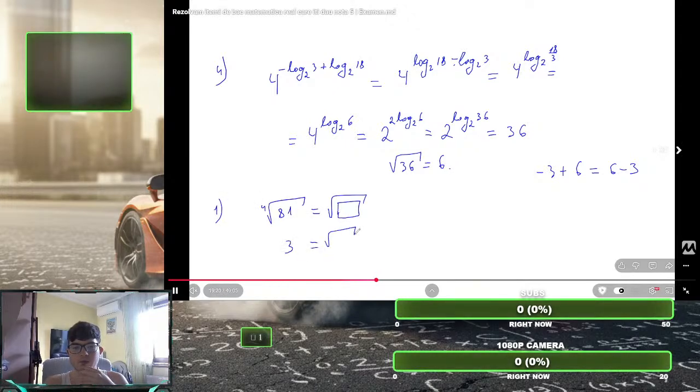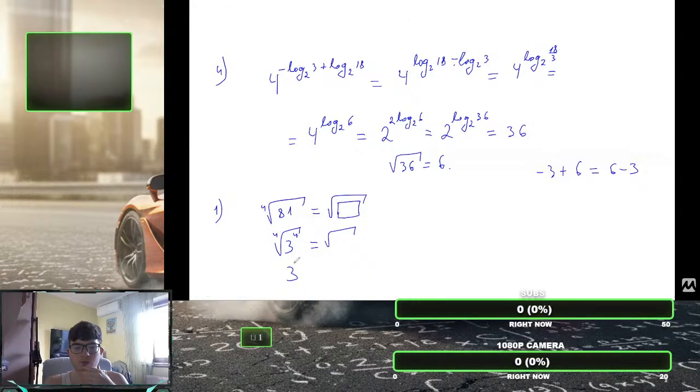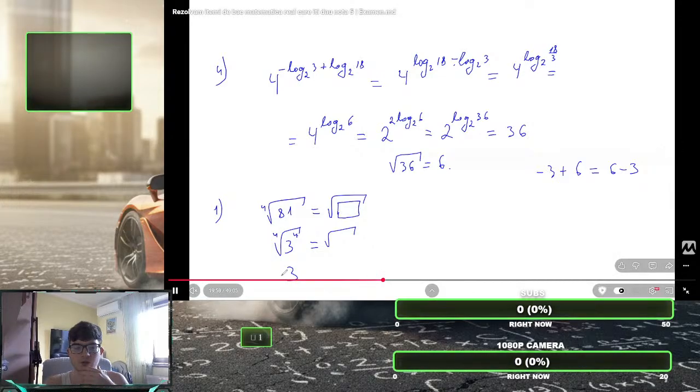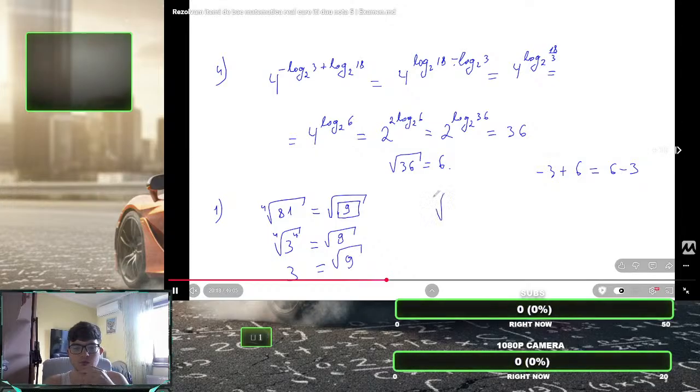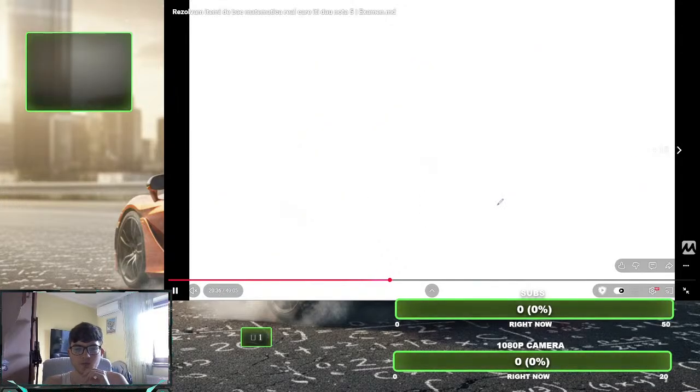That's a guess based on the condition to prove that this is a perfect square. Okay, so that's 3 power 4, that's going to be 3, and square root, that's 9 right there, right? Okay, so that's that.